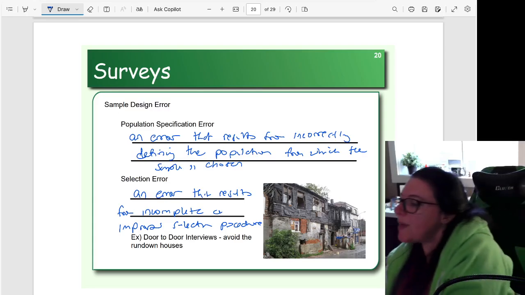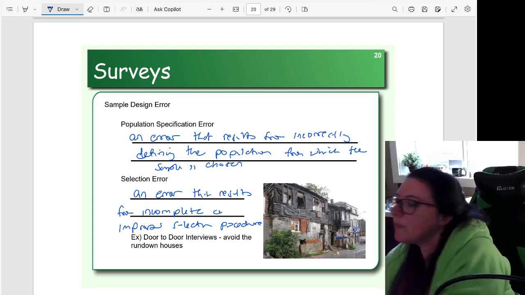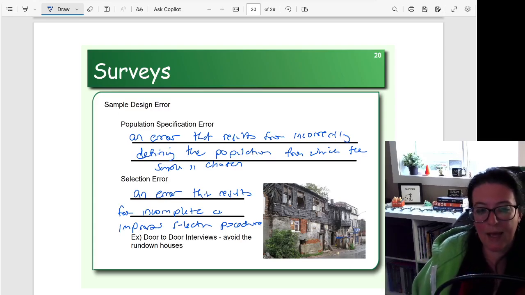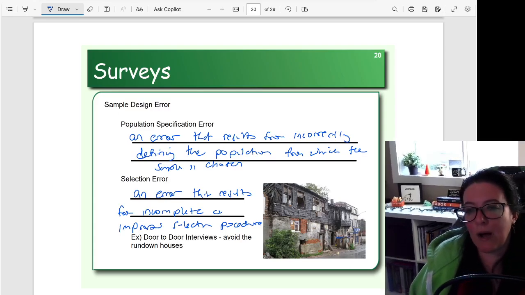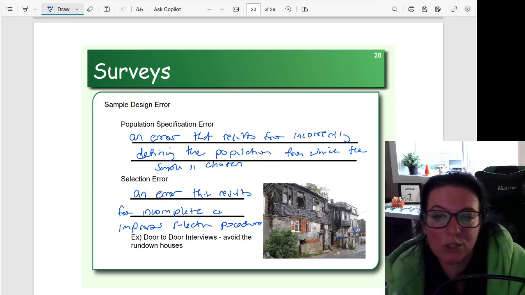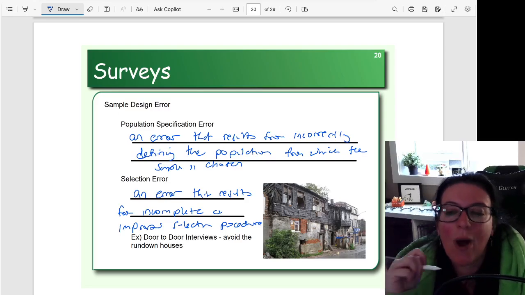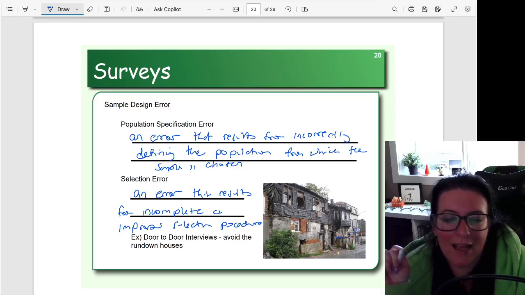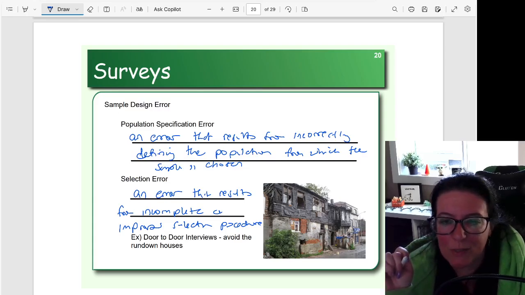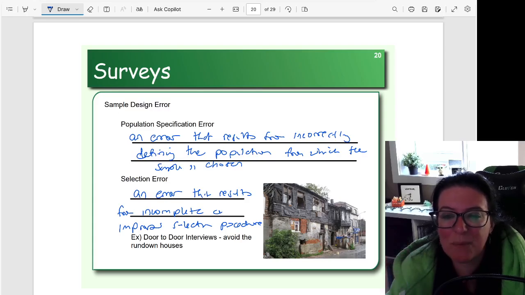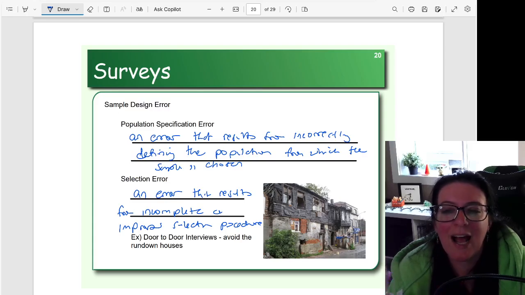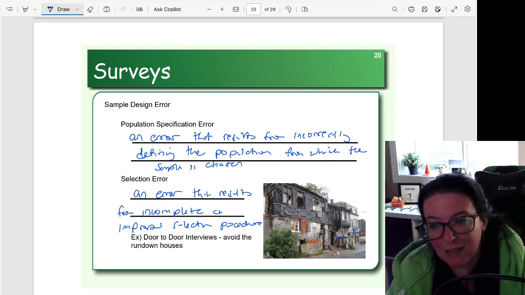So let's suppose I'm doing door-to-door interviews, and as I'm walking around, I think, well, that particular house looks a little sketchy, and so I'm going to not knock on that door and try to solicit a response from them. So by skipping the rundown houses, I am not creating an environment where everyone in the population has an equal probability of being selected.